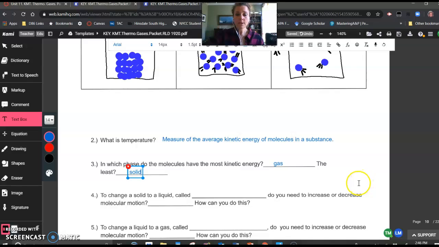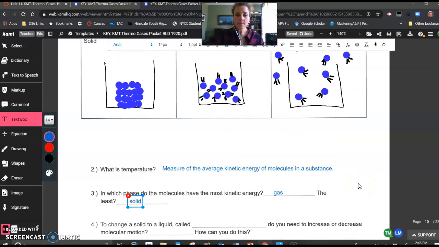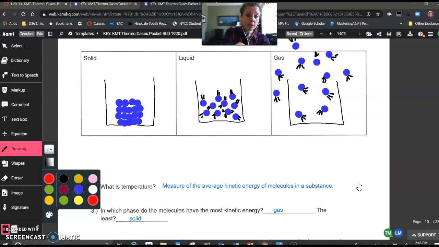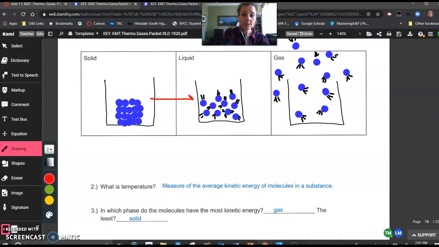Okay, so number 4, it's asking about changing a solid to a liquid. Do we need to increase or decrease molecular motion? Well, let's look back at our picture. In order for us to change a solid into a liquid, to go from here to here, am I adding zoomies or am I taking them away?